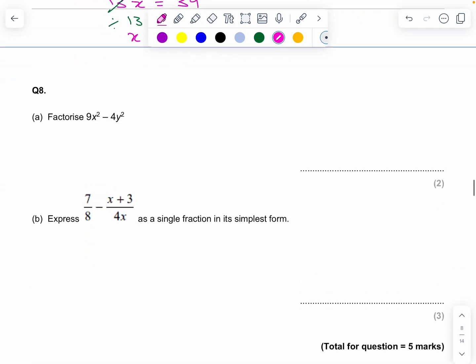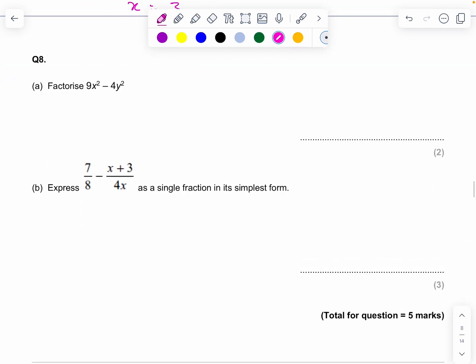Okay, next one. This one we did in class, but I think because it's a new thing that we've learned, perhaps you didn't quite spend some time revising this. This was called the difference of 2 squares.